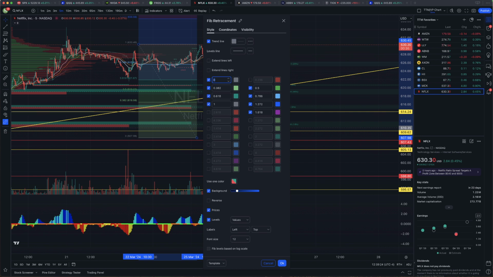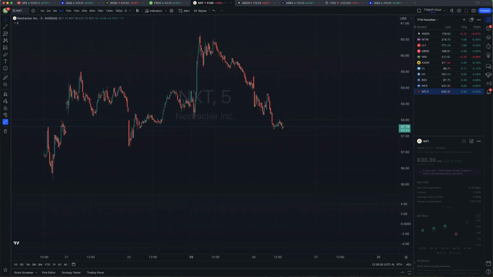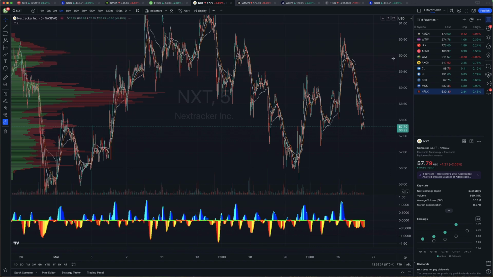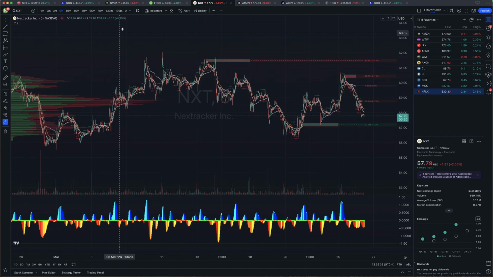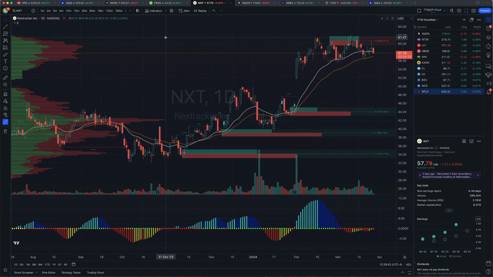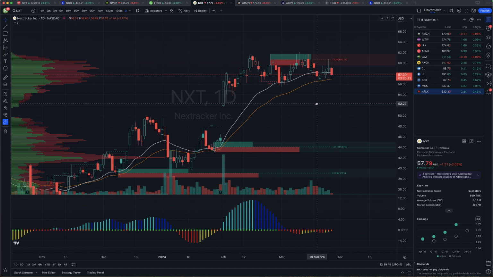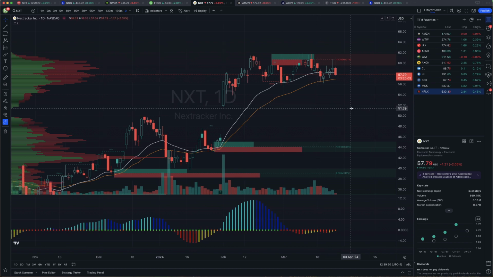Add or cut NXT? I don't know. Let's see what NXT looks like. Is this a trade a lot of people are in? Netflix did make that noise this morning.